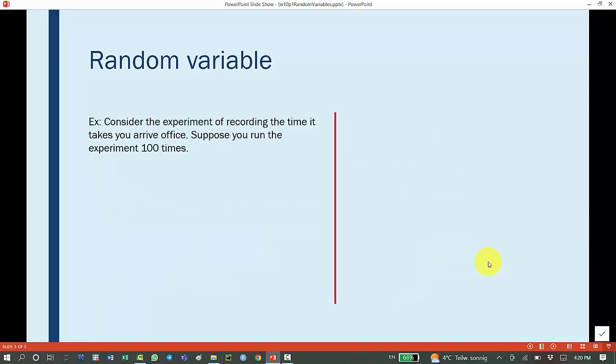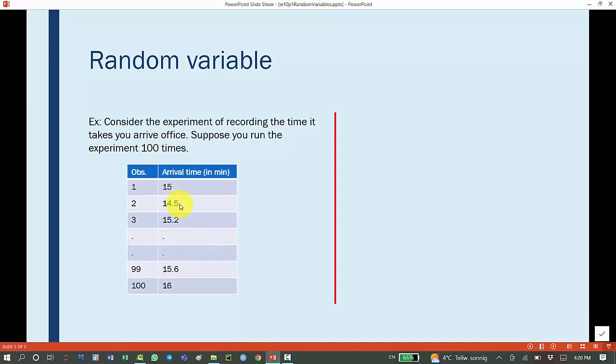Next, consider the experiment of recording the time it takes you to arrive at office. Suppose you run this experiment 100 times and you record the number of minutes you need to reach office. For example, the first day you need exactly 15 minutes, the second day you need 14.5 minutes, the third day 15.2 minutes, and so on and so forth.